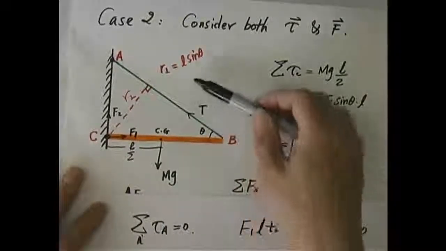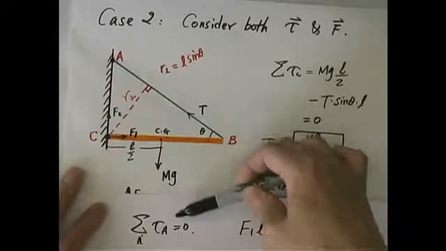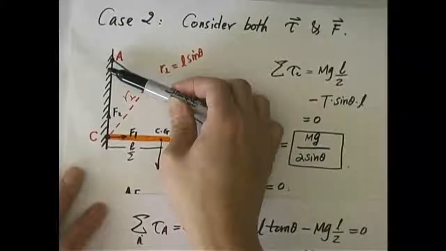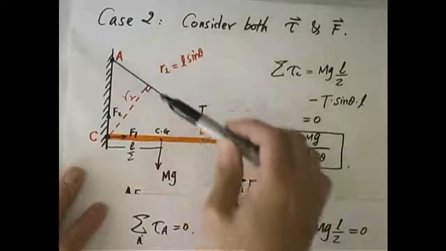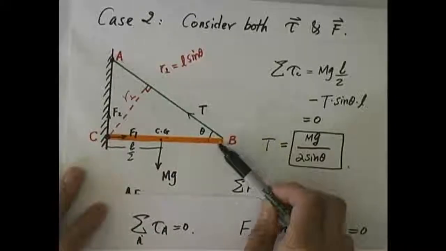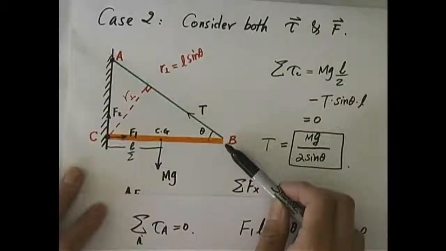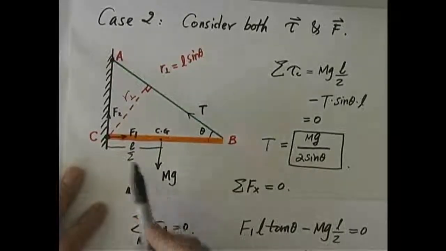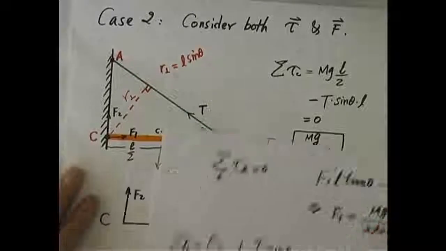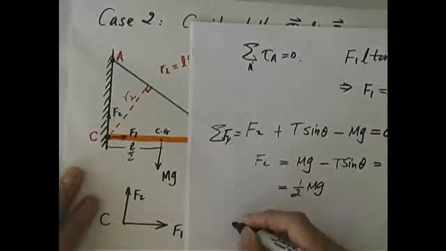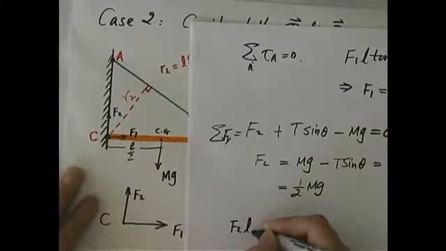The only counterclockwise torque is from mg. The only clockwise torque is from F2. You see that? mg has a lever arm which is half of L. F2 has a lever arm which is L. That's twice the lever arm of mg. So therefore, F2 is half of mg. It's simple as that. Let me write it down. F2 times L, lever arm.